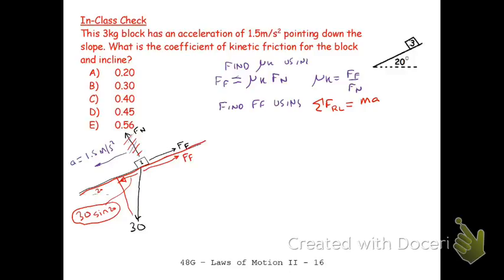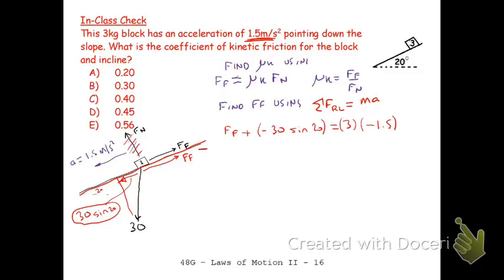I go FF plus minus 30 sine 20 is equal to 3 times, I know A. A is minus 1.5. And there's the catch. I don't say it's minus 1.5. I say it's 1.5. But it's pointing down the slope.